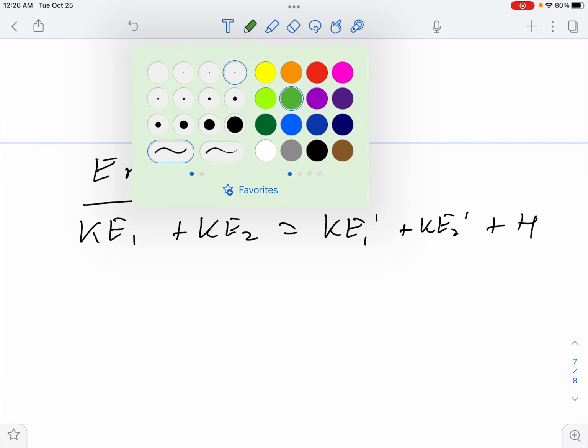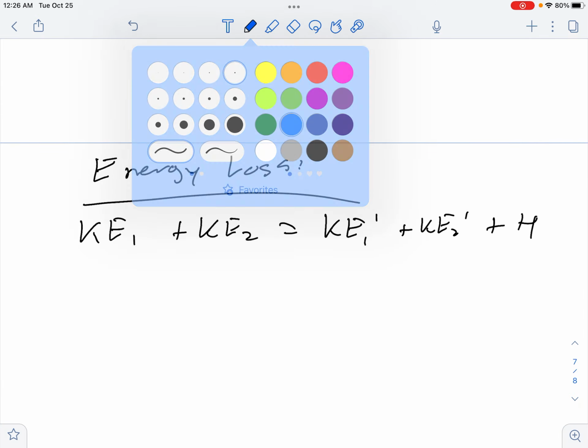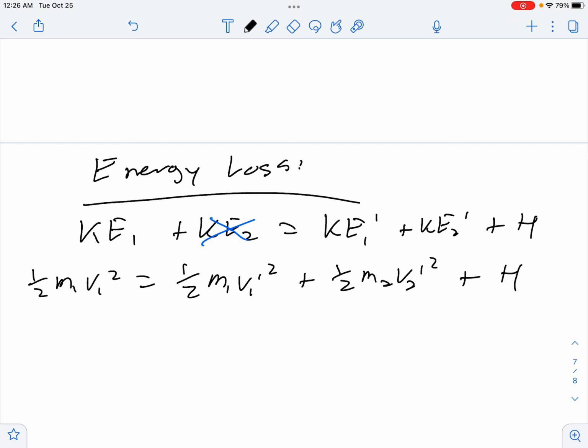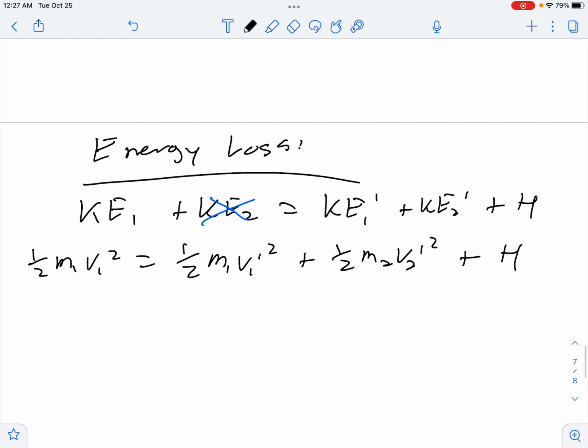Ball 2 is initially at rest, so at least that part simplifies down. If I start expanding this out, 1/2 m1 v1 squared is equal to 1/2 m1 v1 prime squared plus 1/2 m2 v2 prime squared plus that energy loss term. Notice here I cannot factor out a 1/2 because there's no 1/2 with that term, so I'm stuck with it.